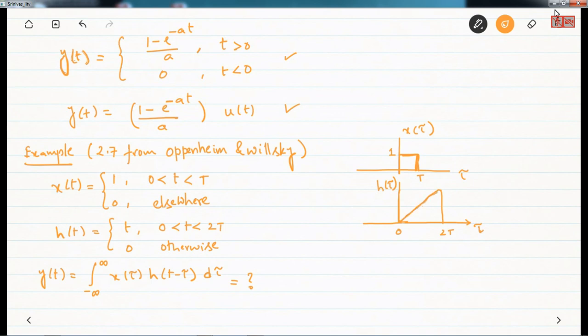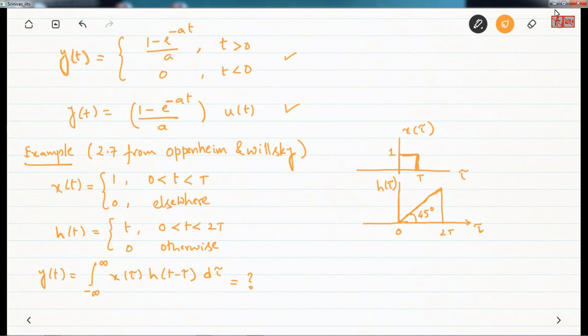T is a straight line having slope 45 degrees, right? This is a 45 degrees line angle, so h of tau is tau.